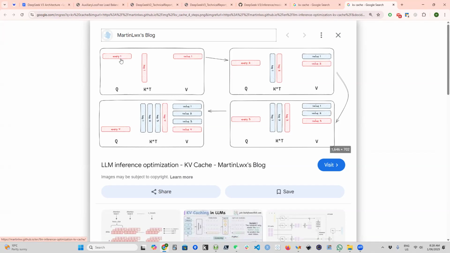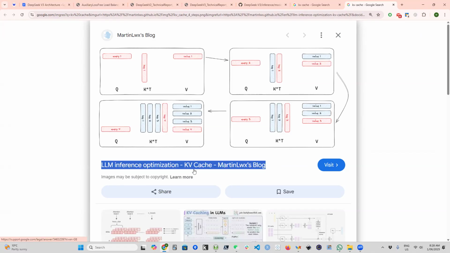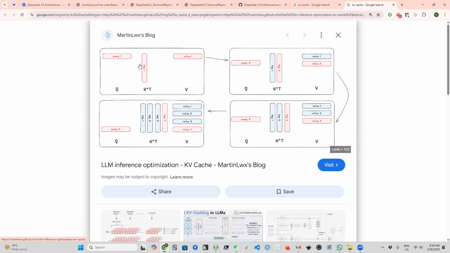So in inference time, for example, we have this sentence. The first time we input it to the LLM, it dots with its own key and its own value because it's the first token.